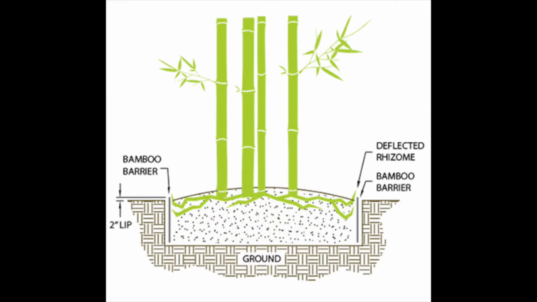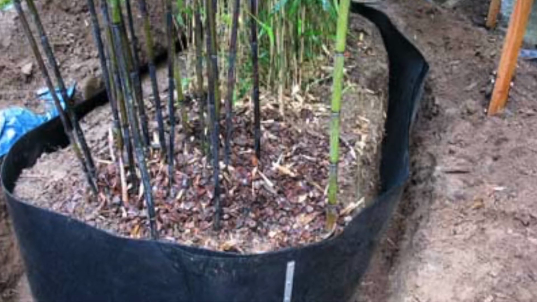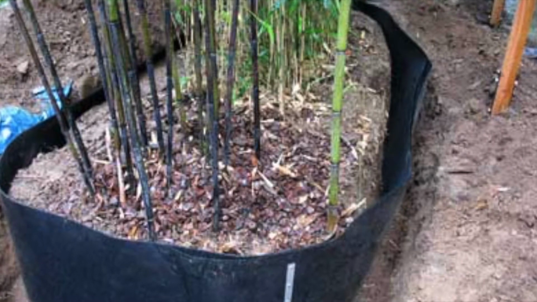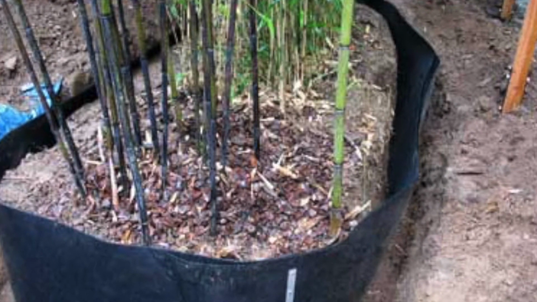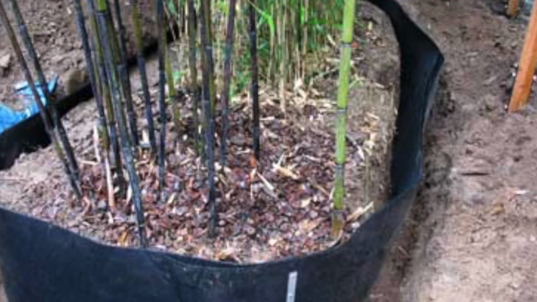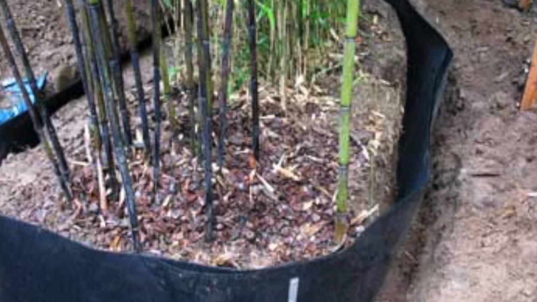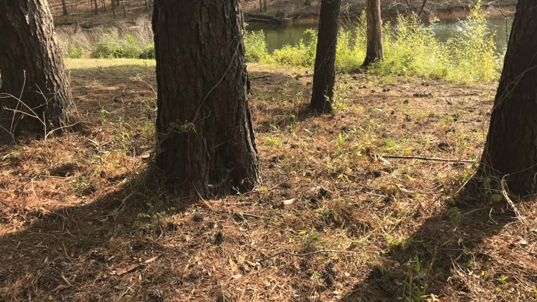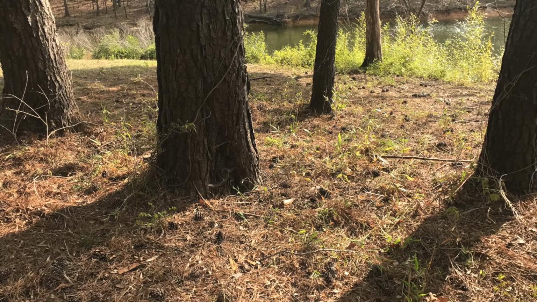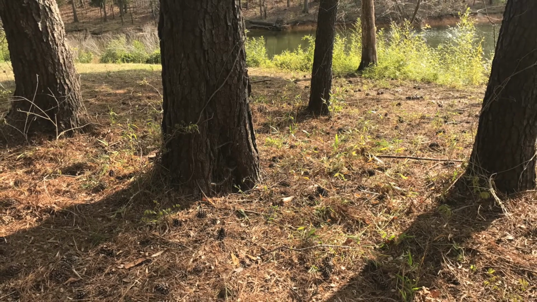Now, for our project, we are going to set up a tour to be able to put the brochure to use. And so we are going to exemplify the different stages of bamboo growth and what it looks like when you manage it different ways, like mowing it once every 3 months, or just letting it free grow, or using a root barrier, which caps off the rhizomes at the root barrier and keeps the bamboo concentrated where it is.